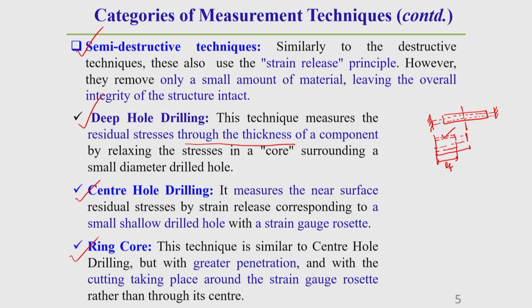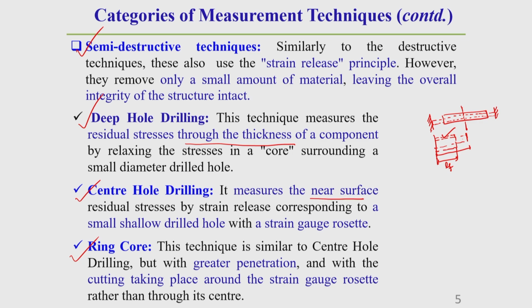Now, the center hole drilling technique, how it works I will discuss in detail in a subsequent slide. It measures the near-surface residual stress by releasing the strain corresponding to a small shallow drill hole with a strain gauge rosette. In deep hole drilling we measure the residual stress through the thickness, but center hole drilling measures the residual stress near the surface.